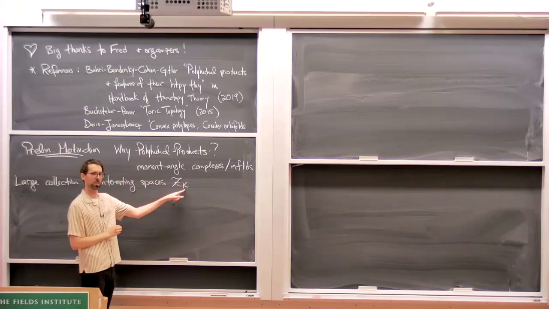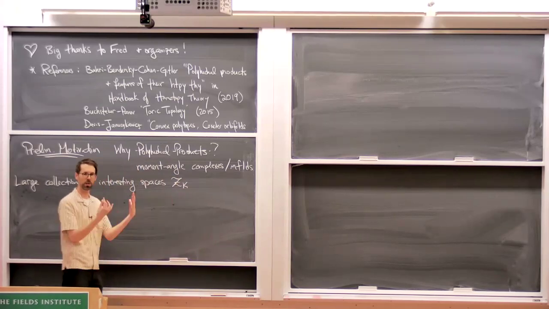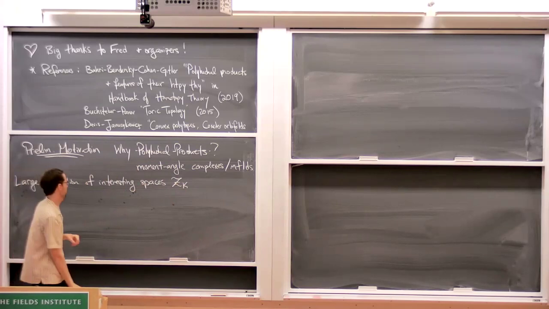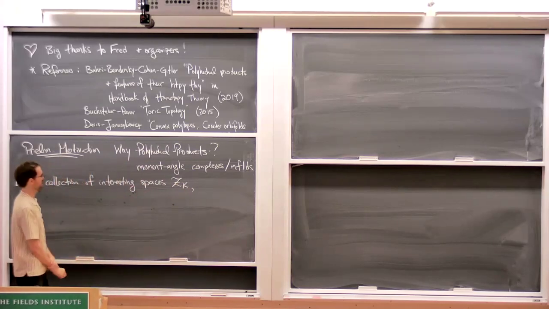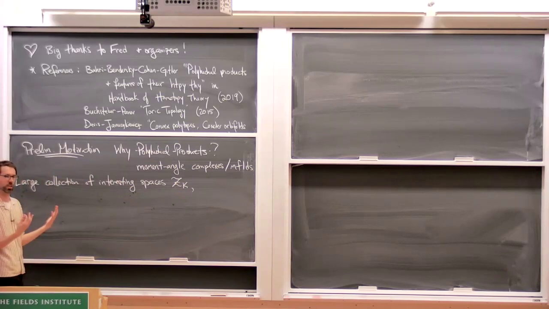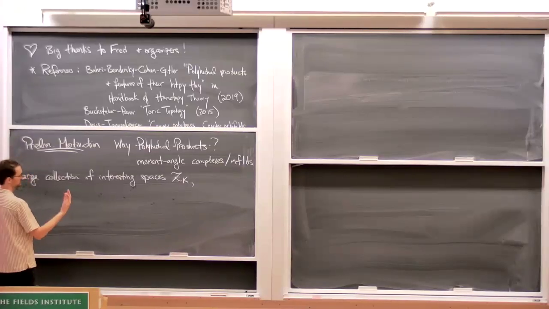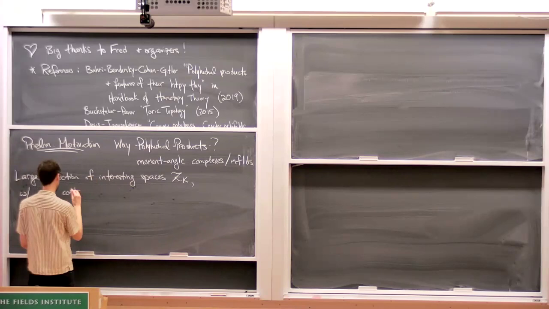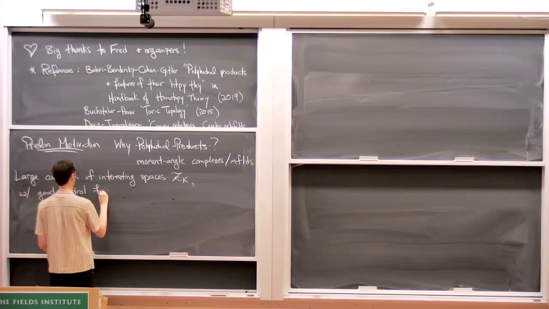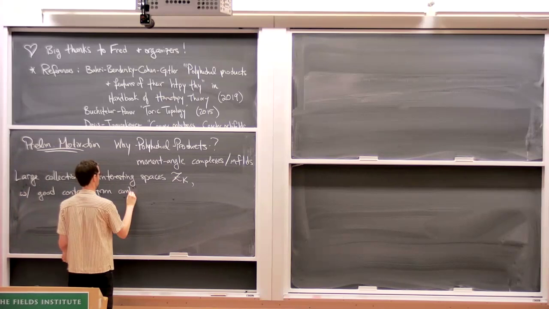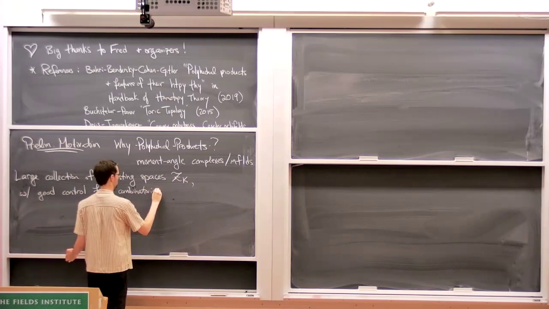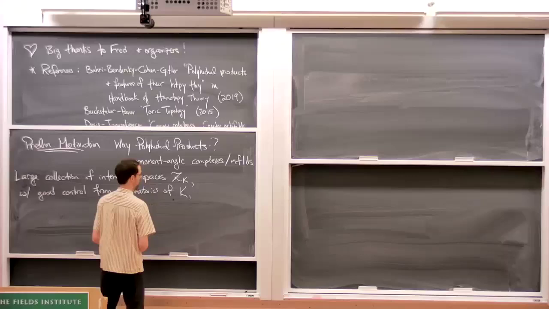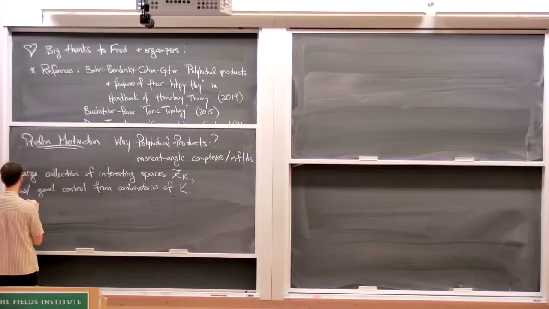We get one for every simplicial complex K, or sometimes some other sort of combinatorial input K. And by interesting, I mean they are often manifolds that admit interesting geometric structures and have all kinds of other interesting topological behavior. And one has an unusual amount of control over these spaces coming from the combinatorics of K. And this has made them a good testing ground for lots of conjectures.